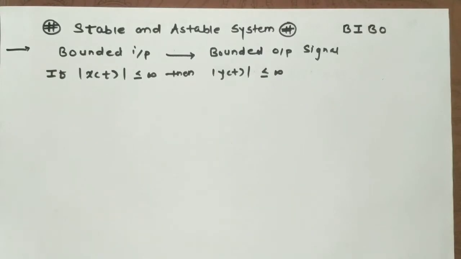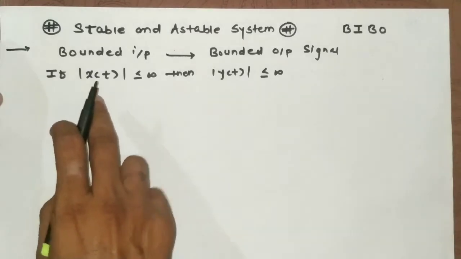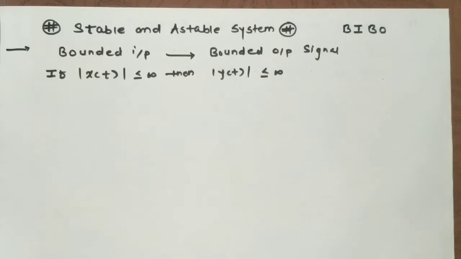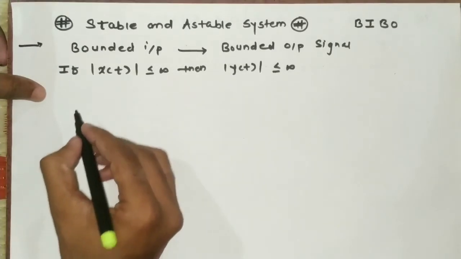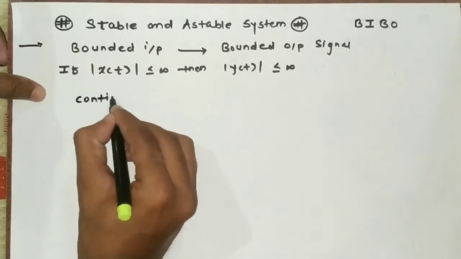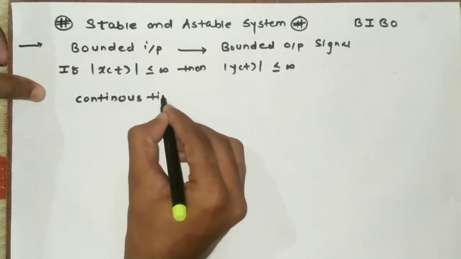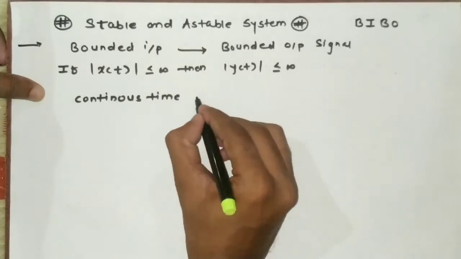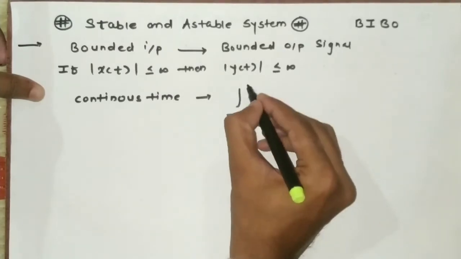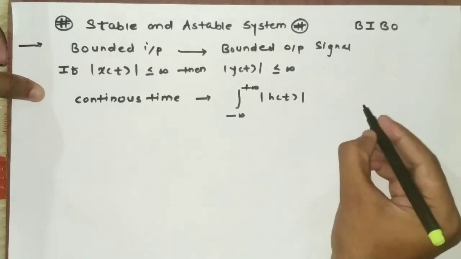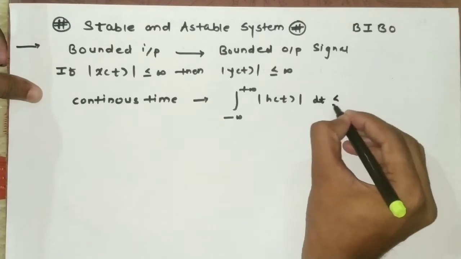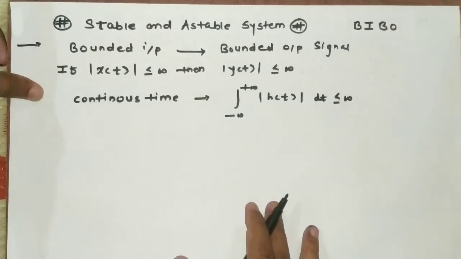Now the question arises, how will you check whether the given systems are stable or unstable? So the first condition is input and output should be finite, that's fine. Now let us come to the actual mathematical equation by which we can determine whether systems are stable or unstable. If our system is continuous time, then the necessary condition is that the integration, that is the area under the curve of the impulse response, integral of mod h of t dt, should be less than infinity.